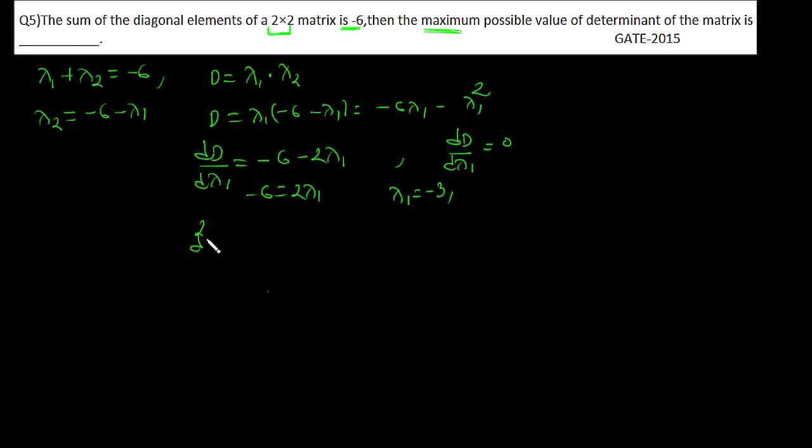So del square D by del lambda 1 square. Let's take the differentiation of this equation again. So we are getting minus 2.